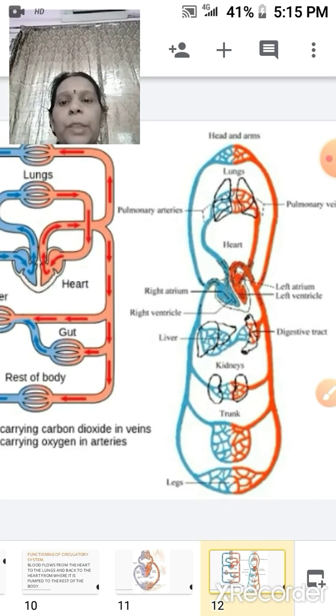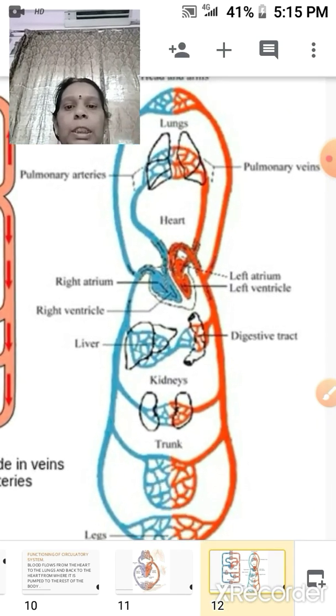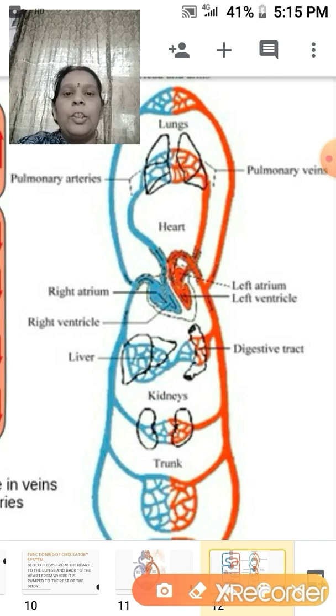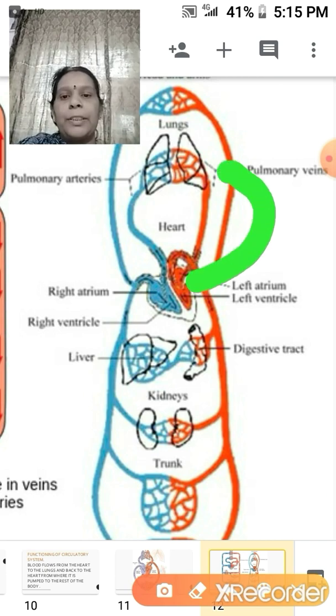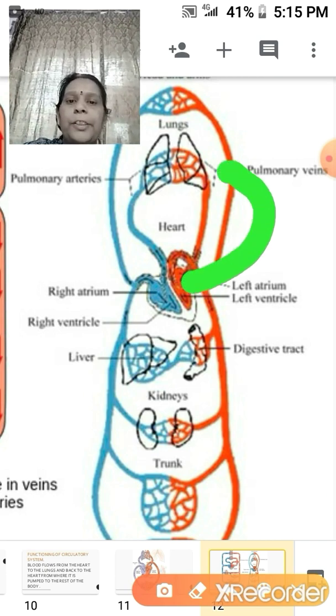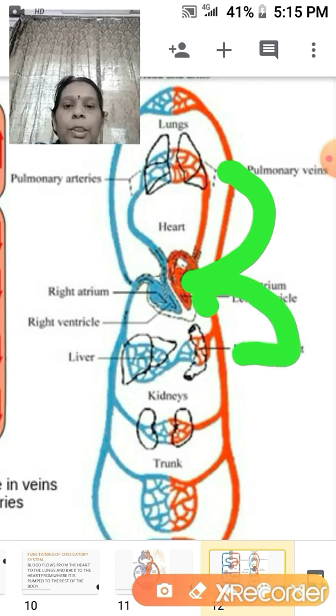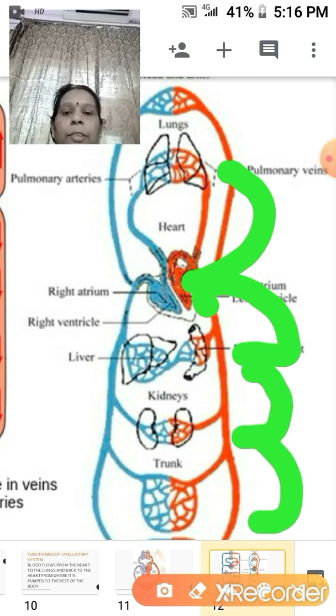Here again you can see diagrammatically that from the lungs the blood is coming through the pulmonary veins into the heart, through the left atrium first, then into the left ventricle, and then to the various parts of the body.